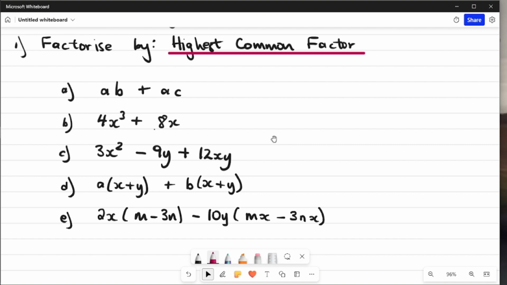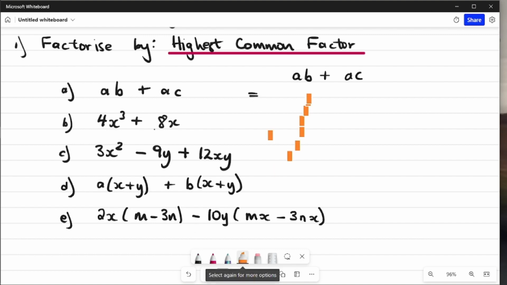Okay, so let's start here. When we factorize question A, the question is given as AB plus AC. Now when we say factorize, remember this is the reverse, by taking out a common factor.